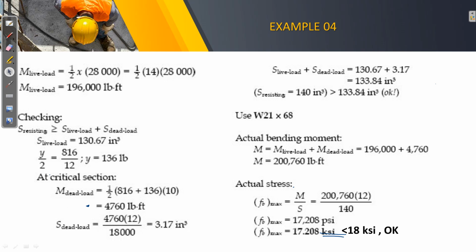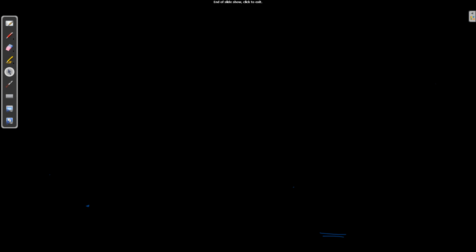The actual bending moment is computed as well. We have this one, and then your actual stress will be less than your allowable 18 KSI. So this time, the second selection will be most suitable to this problem.